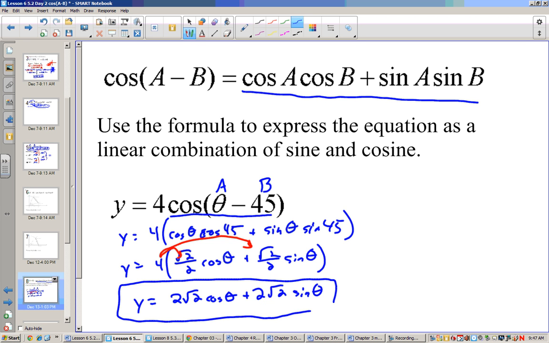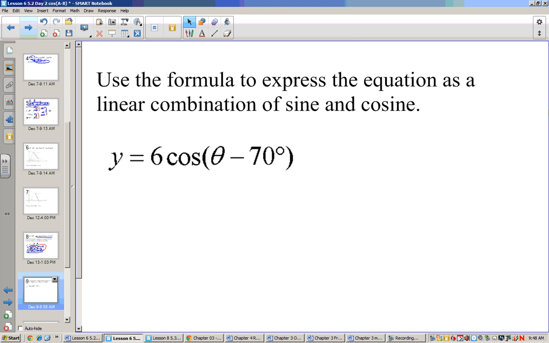Now one thing that's interesting is really what we're learning is how to do the opposite of what we did previously today and what we did yesterday. So this is a linear combination of sine and cosine. Yesterday we were converting it into a single cosine, and now we're learning how to go back and check our work.